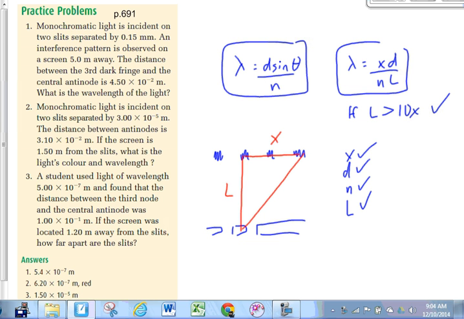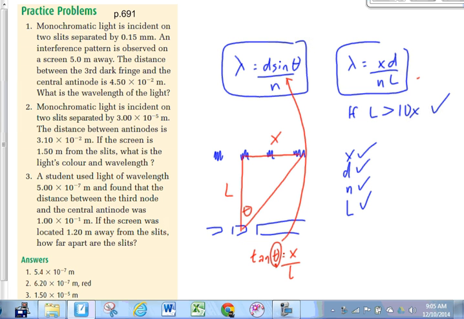This would be theta. So if 10 times x ends up being bigger than L, and we can't use this equation, then let's use a little bit of trigonometry here. Let's say tan theta is equal to x over L. Find theta, and then plug it into this equation to find lambda. Does that make sense?